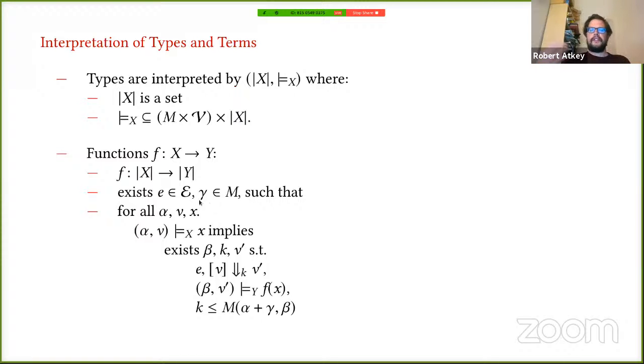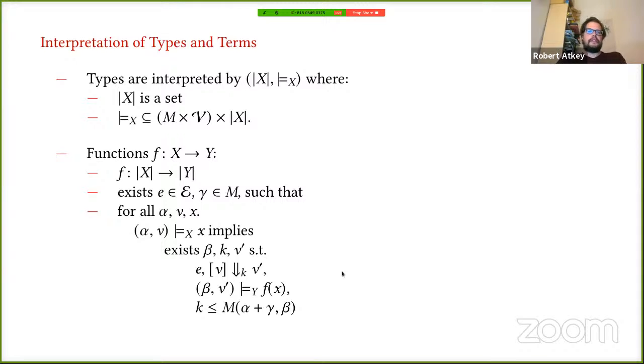So this is its inherent potential, if you like, in the function, such that for any value we give, which has potential alpha, there exists a final potential beta, and then right down at the bottom here, the number of steps taken is the difference between the input potential and the potential of the function and the potential of the output. So this is how we can work out that everything's accounted for within the system.